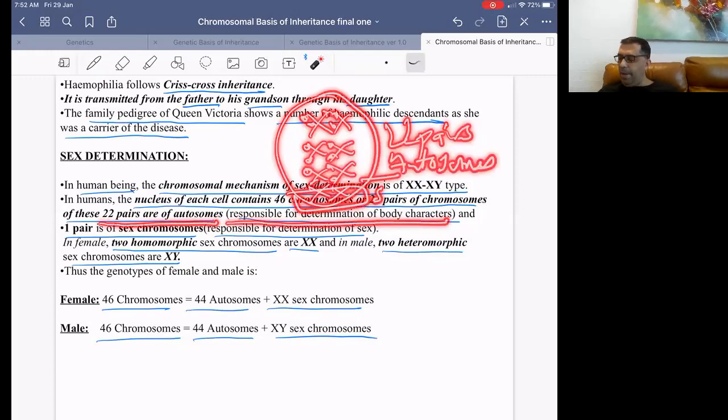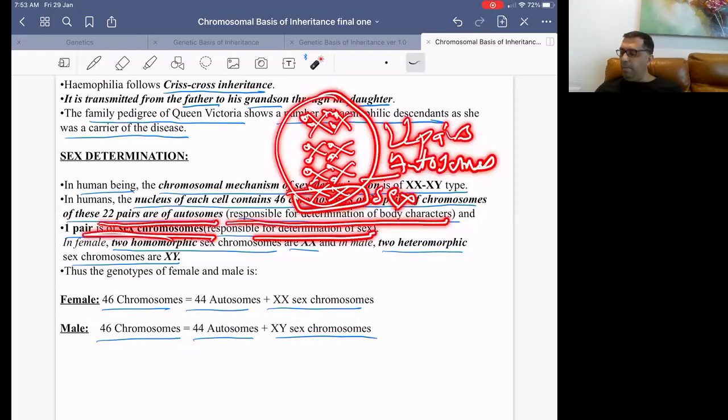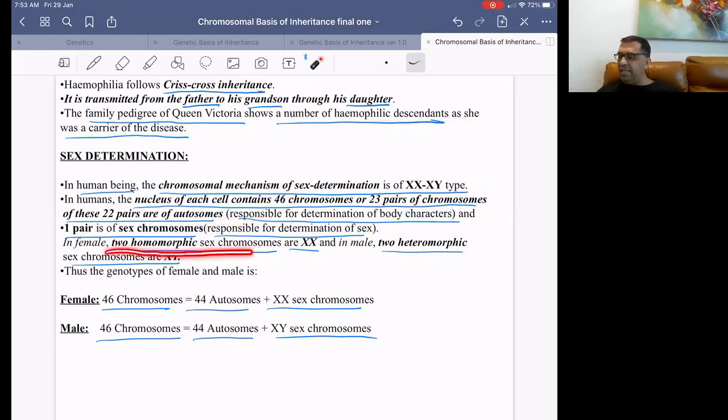One pair is a pair of sex chromosomes responsible for determination of sex. You have sex chromosomes, namely the X chromosome and the Y chromosome. In females, the two homomorphic sex chromosomes are XX.